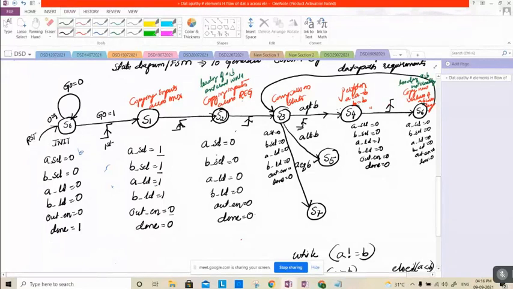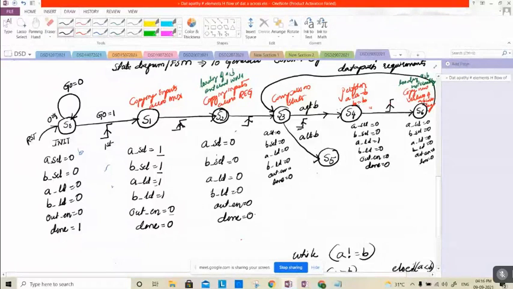Now what is happening in S5? B load 1 now. Right, so in S5 the operation taking place is A less than B. A less than B is the input.